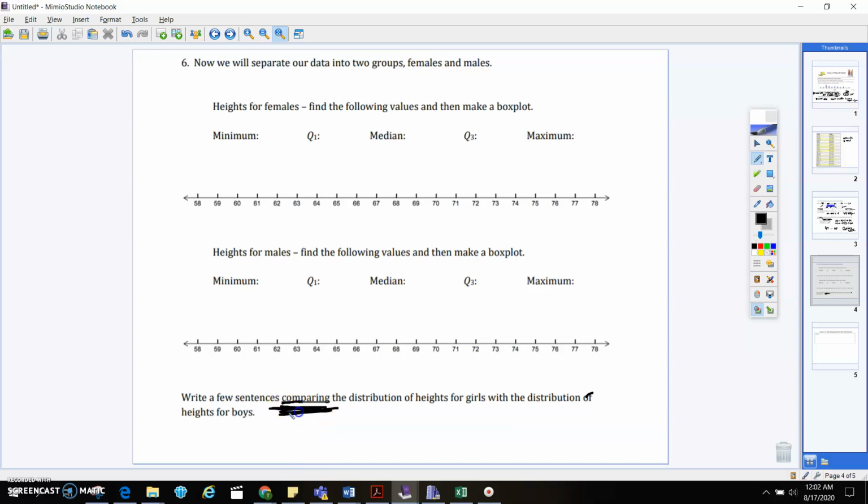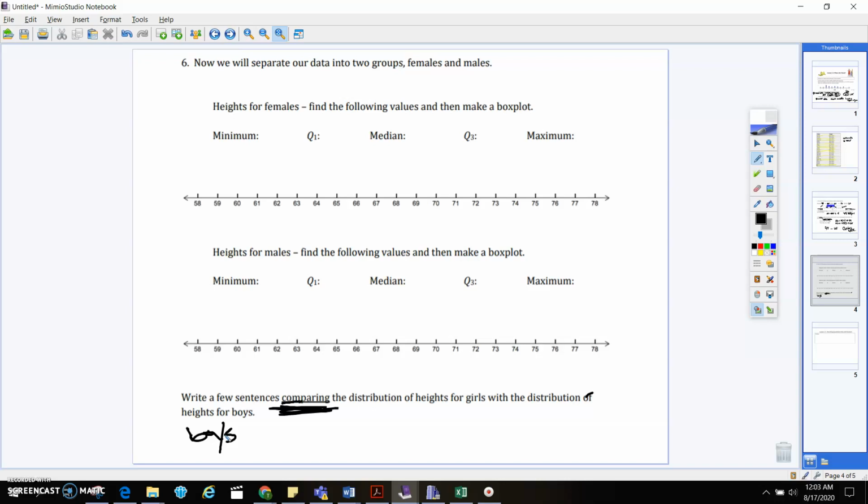When you compare something, you must use complete sentences. You cannot make lists. You can't just say, the boys were taller than the girls, or put boys were bigger. Instead, say the boys were taller than the girls by this much, and their medians were this many points away from each other.